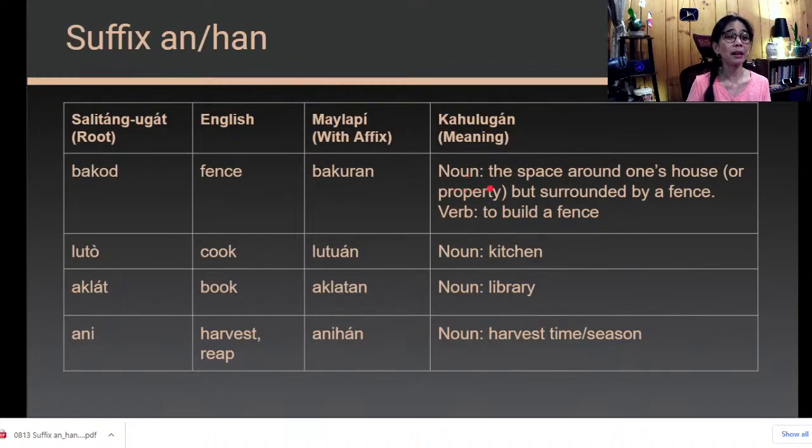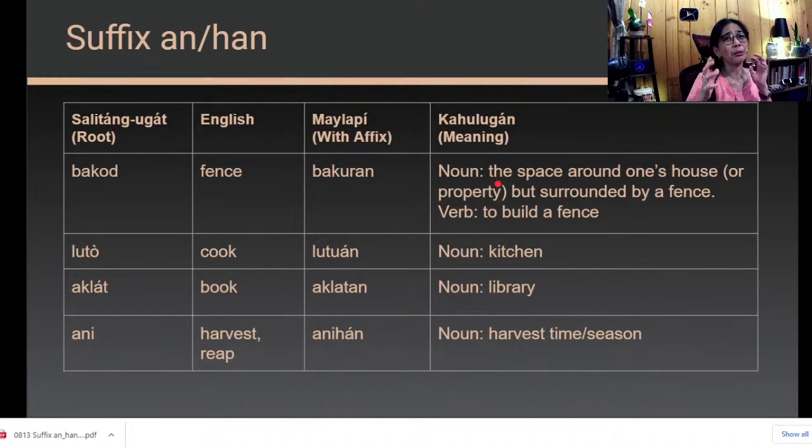So, bakuran means the space around one's house. You know that meaning when I say that in English, Bruce. The space around one's house or a property, but surrounded by a fence, right? It can be just a house or any building, but it's surrounded by a fence, or it's identified.